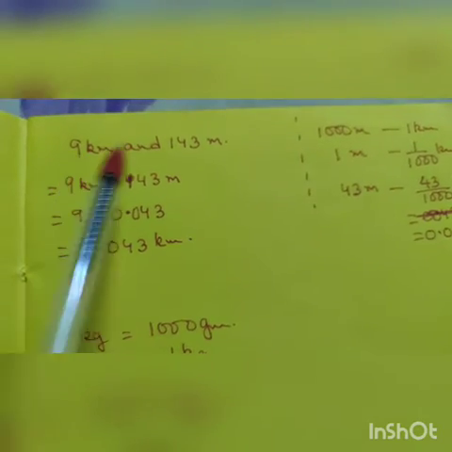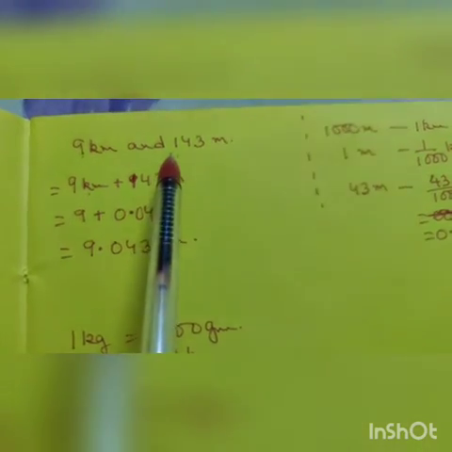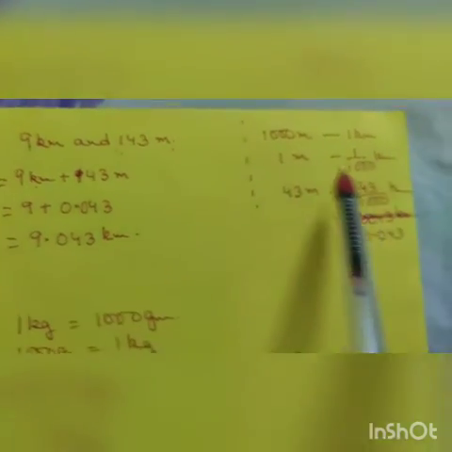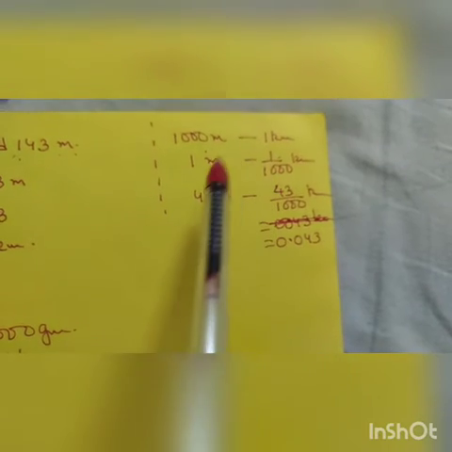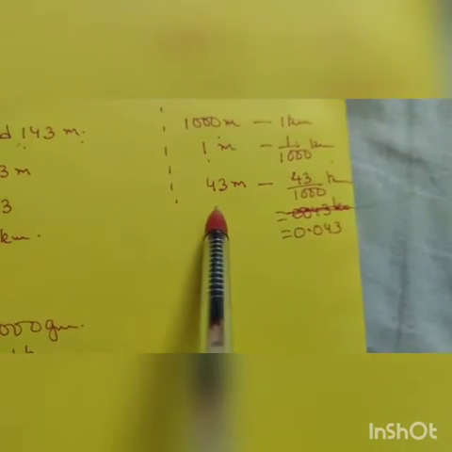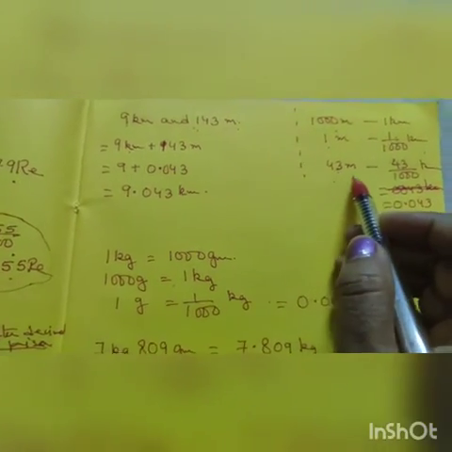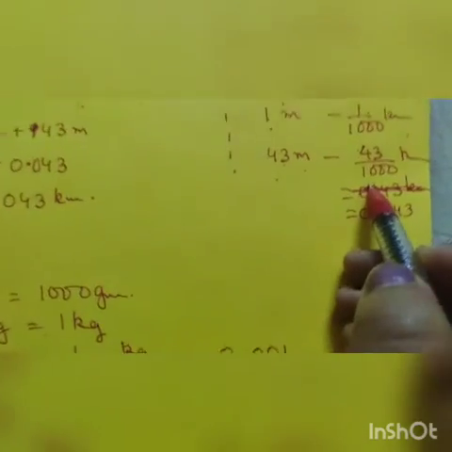Similarly in the case of kilometer. If it is 9 kilometer and 143 meter, then 9 kilometer stays as it is and I will be converting the meters into kilometer. Here you see I have converted 1000 meter is equal to 1 kilometer. 1 meter will be 1 by 1000 kilometer, and 143 meter can be written as 143 by 1000 kilometer.